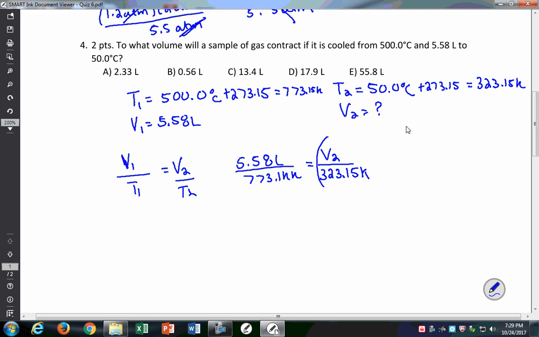You can multiply both sides by 323.15 Kelvin. Our kelvins cancel out. Our V2 is equal to 2.33 liters.